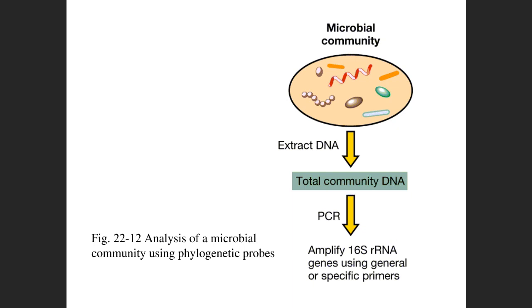Another way is to use a phylogenetic probe. What that means is, if you get the community, extract the DNA, and then you PCR, you amplify all the 16S rRNA genes. Last lecture we said what the 16S rRNA is, and it can be used as a common marker to sort bacteria, right? We said shoestring.